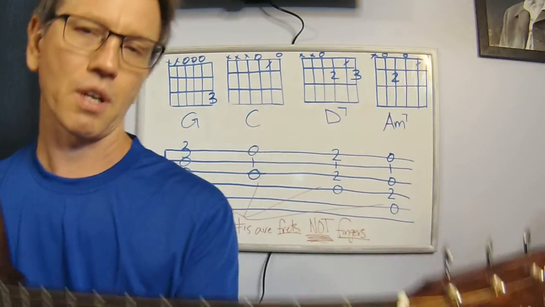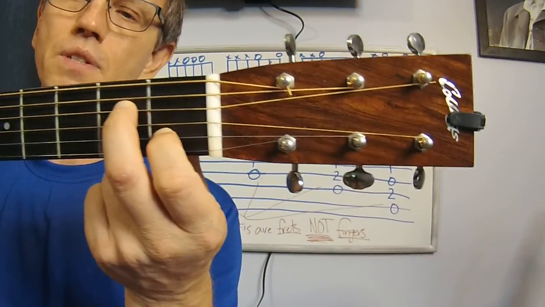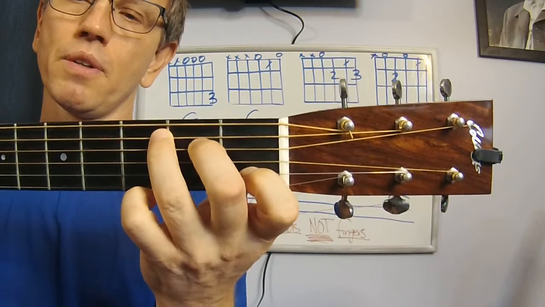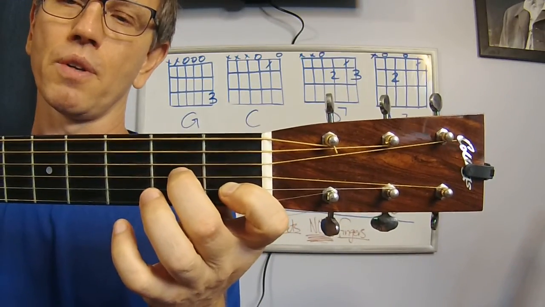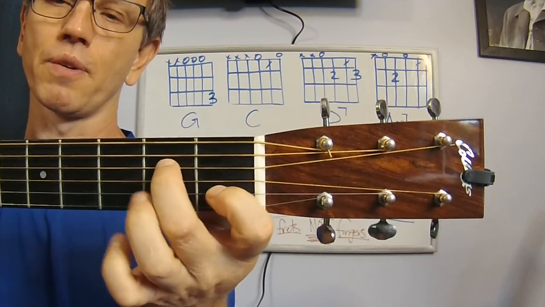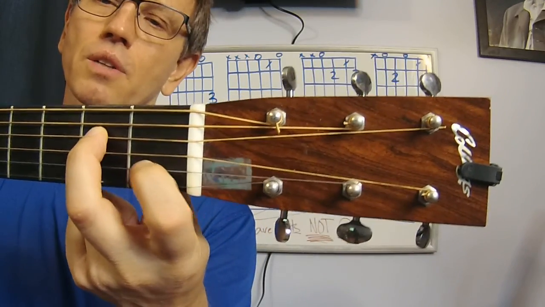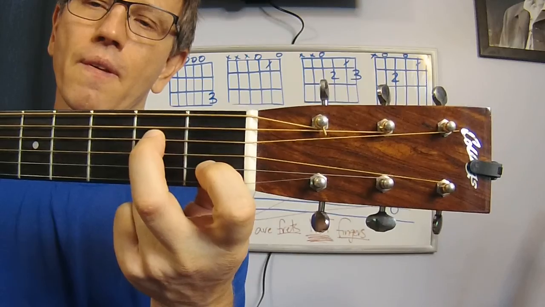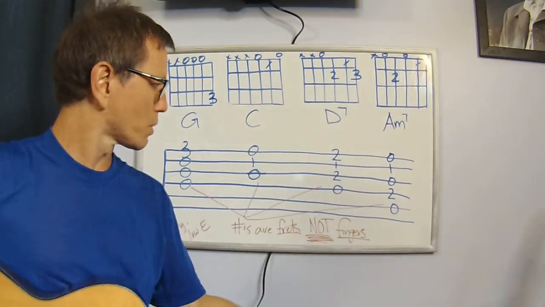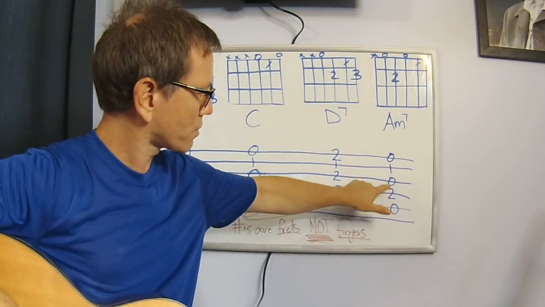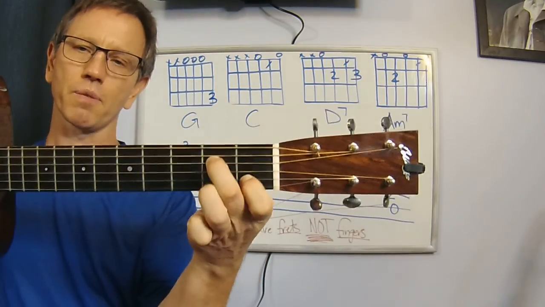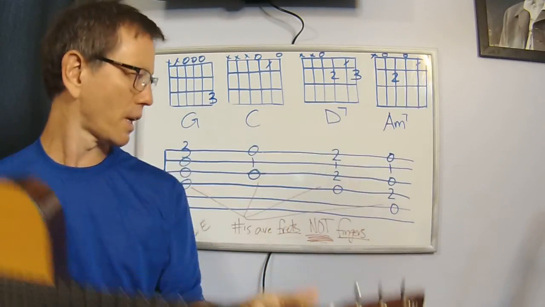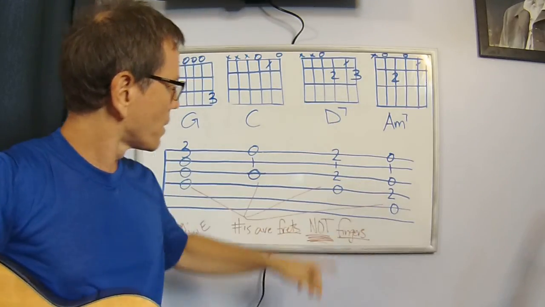So the A minor 7, if you remember, looks like this. Open, 2nd fret, open, 1st fret, open. So that reflects not only the chord diagram, but also open, 2nd fret, open, 1st fret, open. So it lines up with the chord diagram and how it would be written in guitar tab.